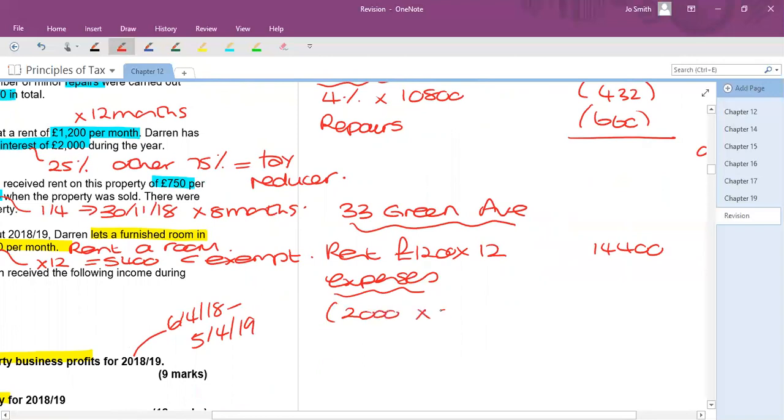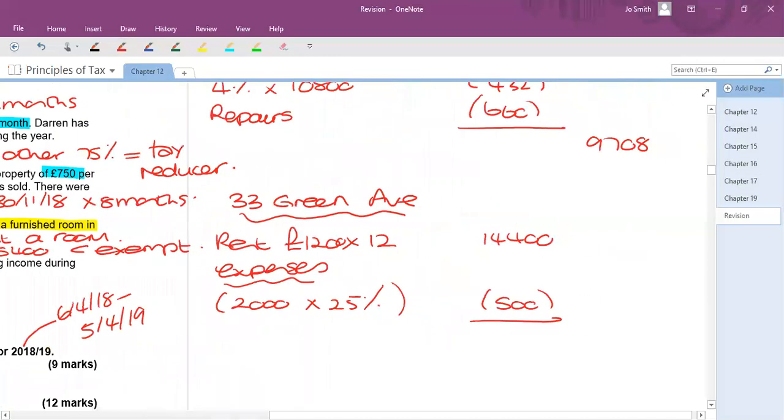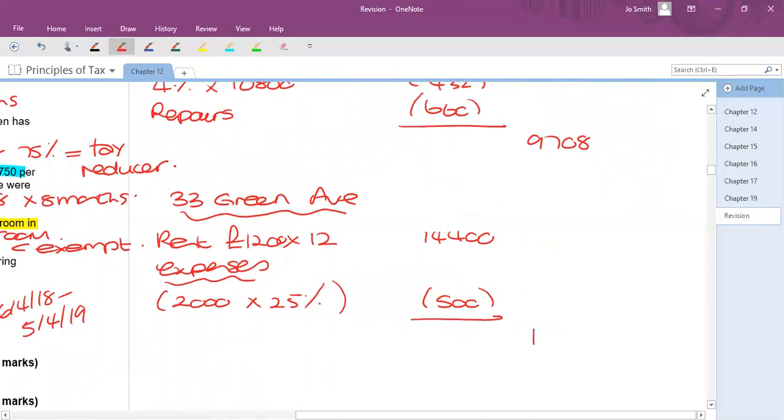So I just want to be clear here. I'm applying the 25%, which is the rules that you've been taught by your tax lecturers, because those are the rules that you're being tested on for the current year. So don't worry too much about the dates. I know it was different in different years. I just want you to know how to do the current year rules. So he can claim £500 on that, and that will give him property income to be taxed on of 13,900.